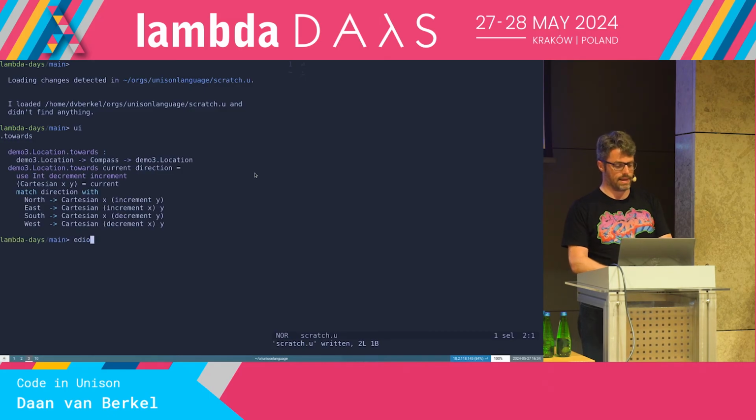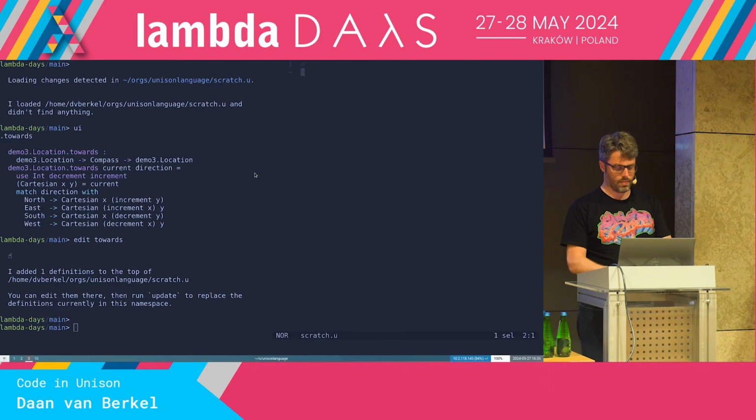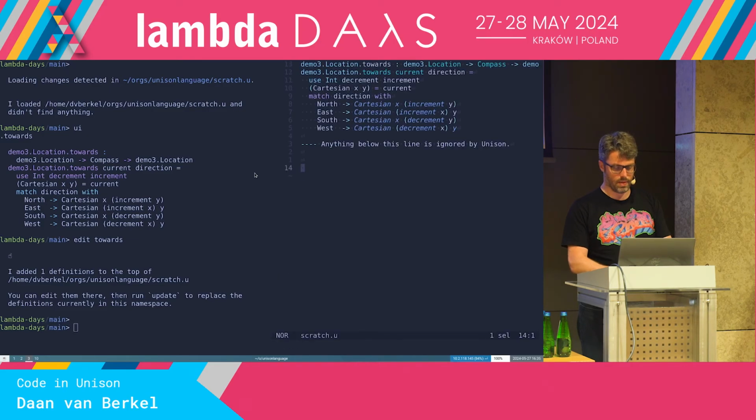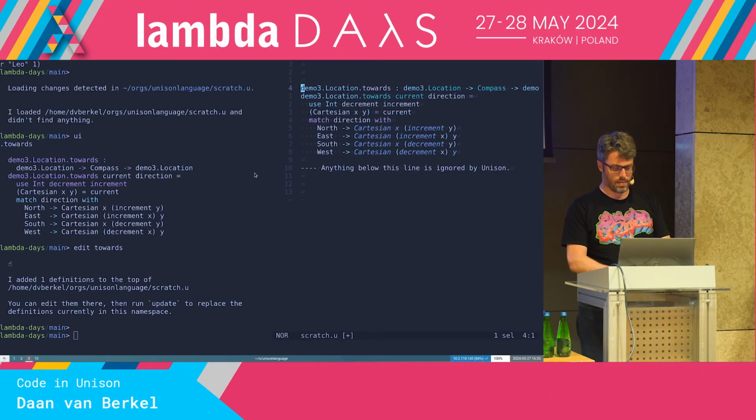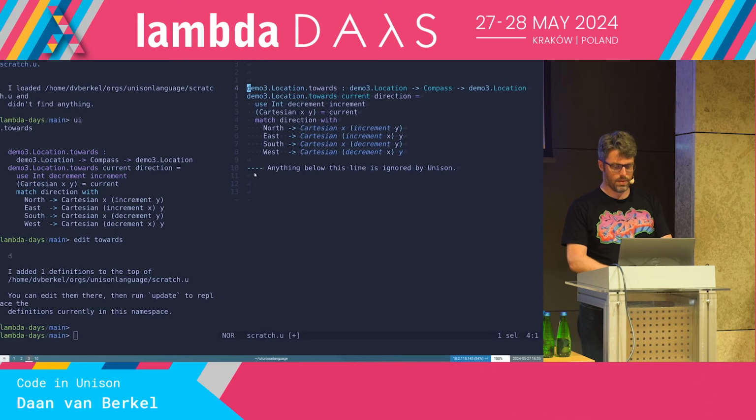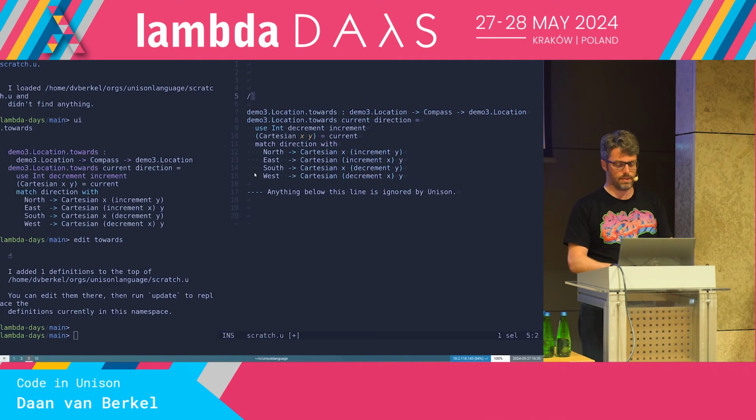And let's edit it as well. So what we see here is that the towards function has a bit of a defect. It does work. We can show that it works. So let's have a watch expression.